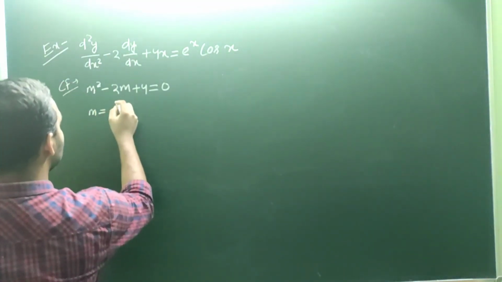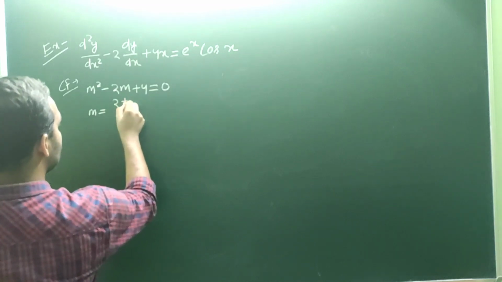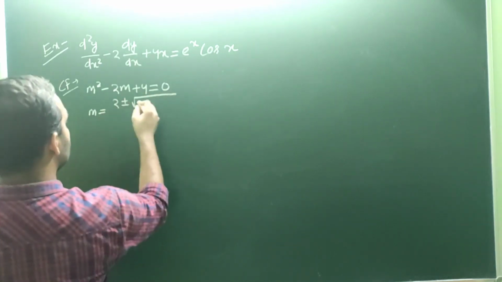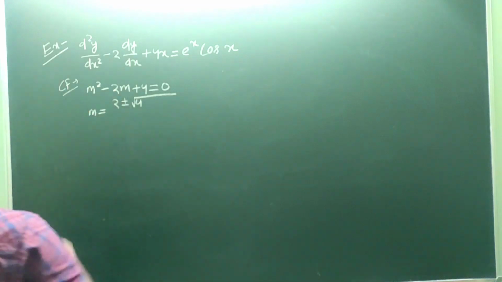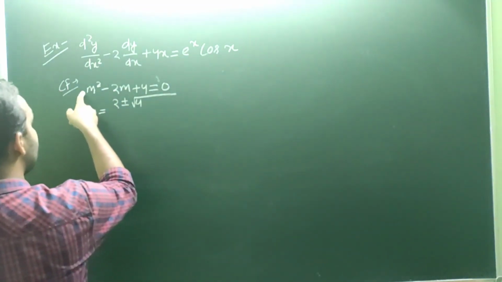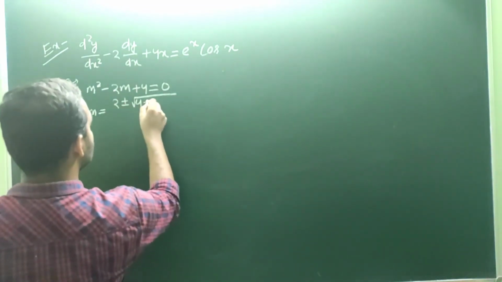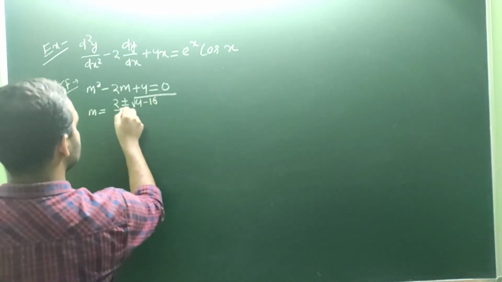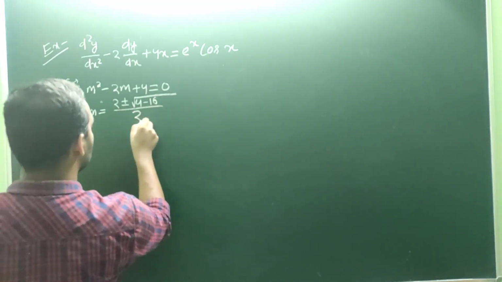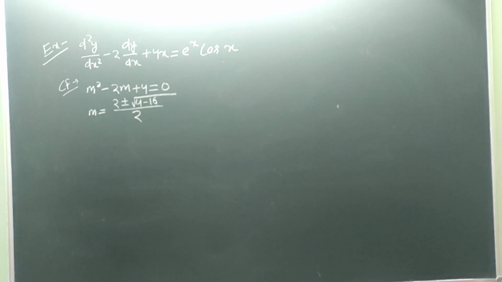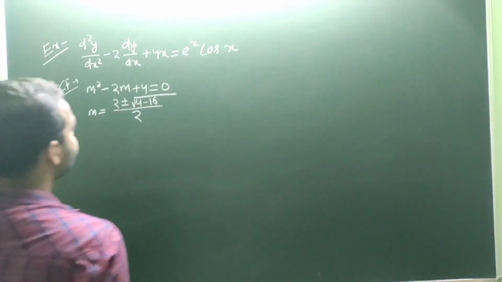So here minus b is 2, plus or minus under root, 2 square minus 4ac. Here a is 1, c is 4. So this will be 16. Here you can write 2 into a, here 2.